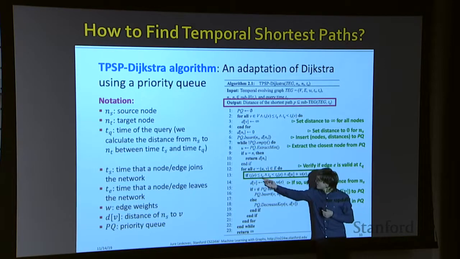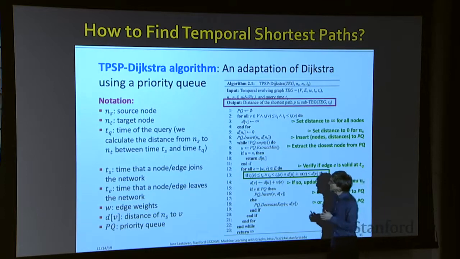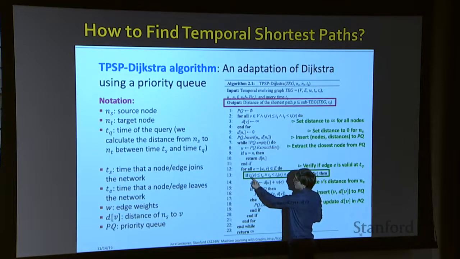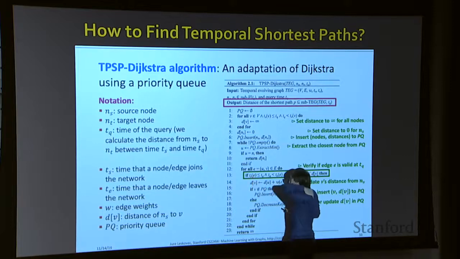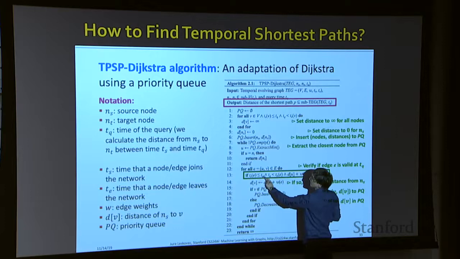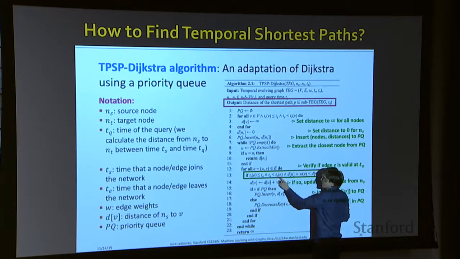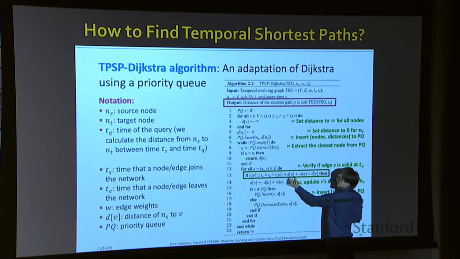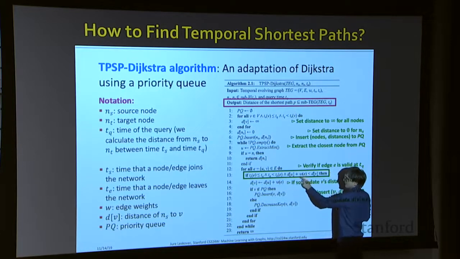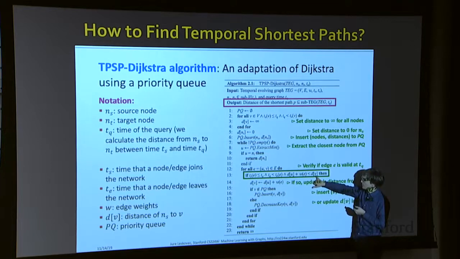And here is what we are doing. What we are doing is to say, the start time of the edge has to be less than q sub t, and q sub t has to be less than the end time of the edge, and the distance to u plus the weight or the length of the edge we are currently considering, e, has to be less than what was the shortest path to that node v so far.